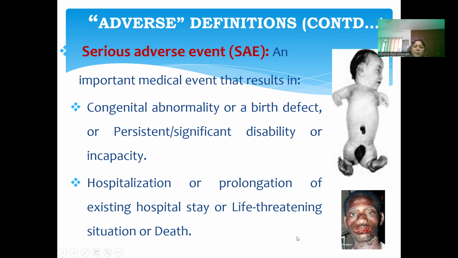The reactions may cause hospitalization or prolongation of existing hospital stay, or it may cause life-threatening situations or death. So you can see one reaction in this picture. This reaction is known as Stevens-Johnson syndrome, and it can be caused by fluoroquinolones like ciprofloxacin also.